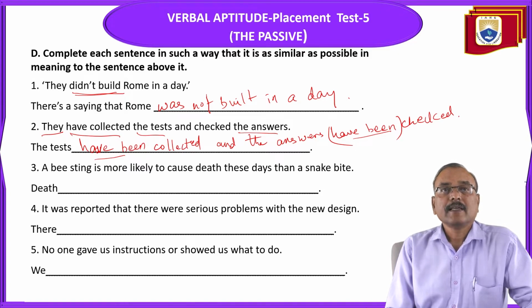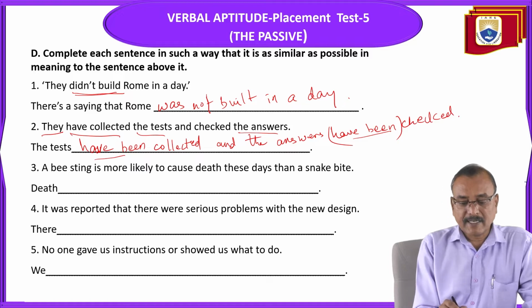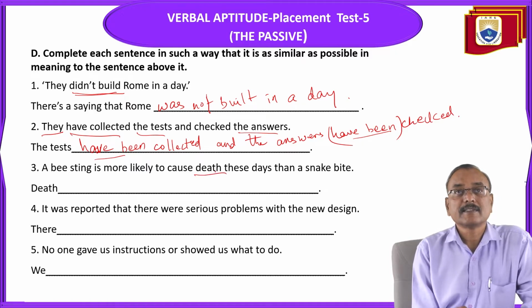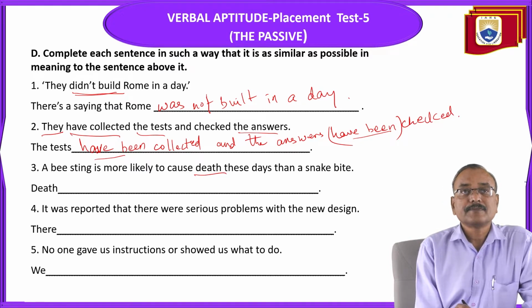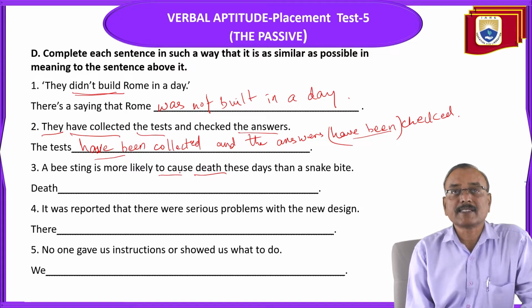Next, a bee sting is more likely to cause a death these days than a snake bite. So here death is the object here. So to cause becomes to be caused.